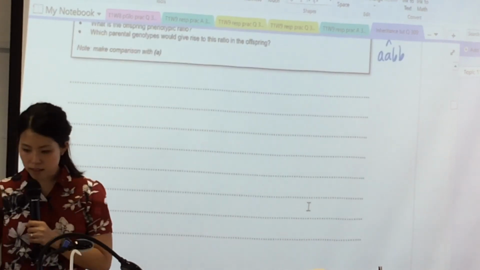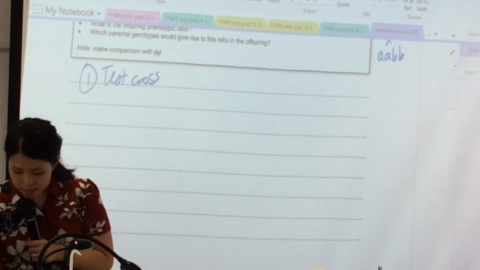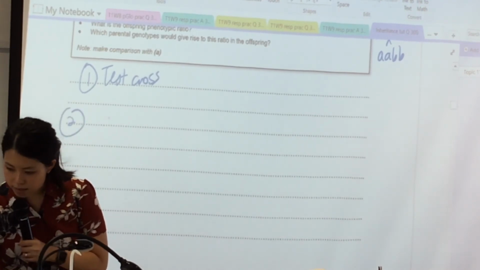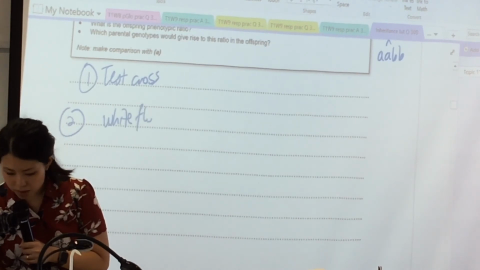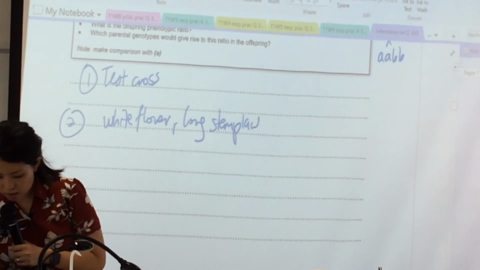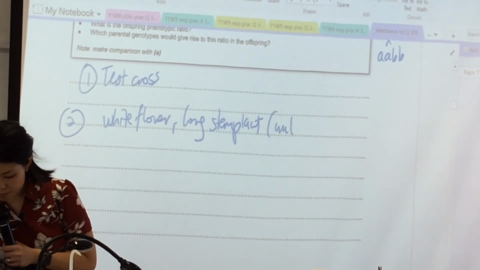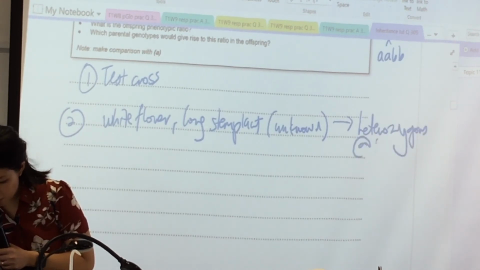So let's write out the answer. First mark, this is a test cross. Second mark, you're going to tell me that the unknown parent, the white flower, long stem plant, is basically heterozygous at both gene loci.